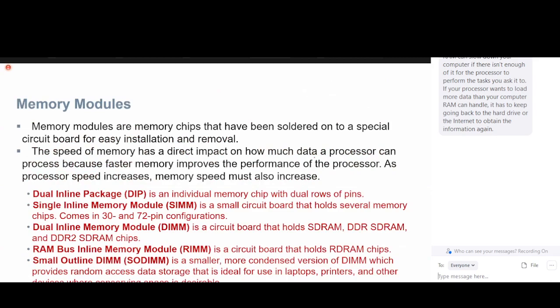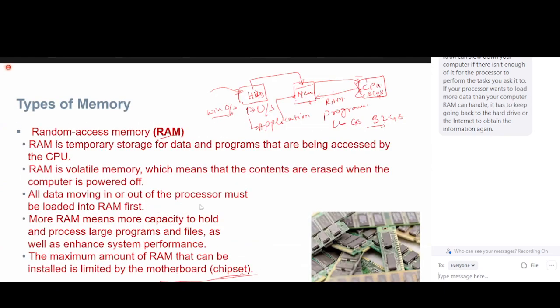So memory basically comes in different types of modules. How does memory look like? Those are the memory modules. This is a printed circuit board, like the one where your motherboard is, kind of the same, but not exactly. It's a PCB which has different ICs, integrated circuits.